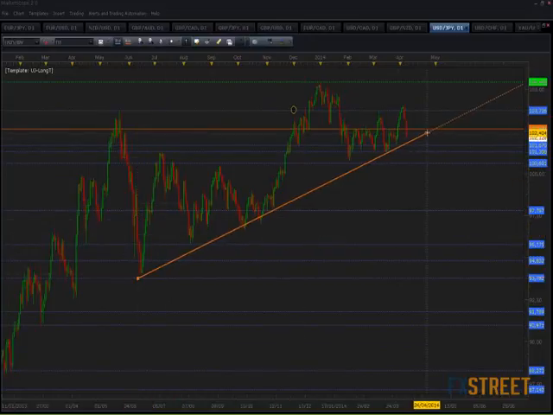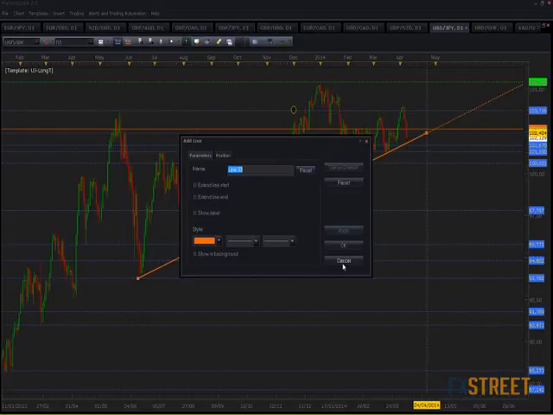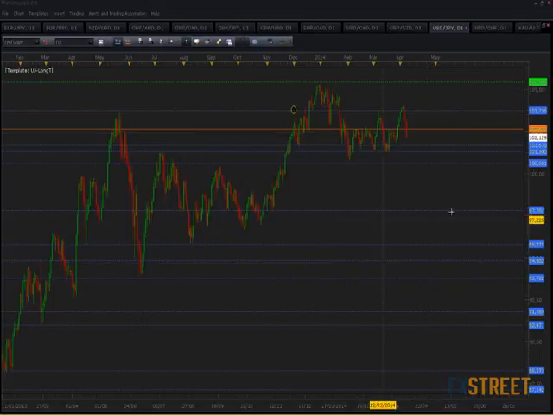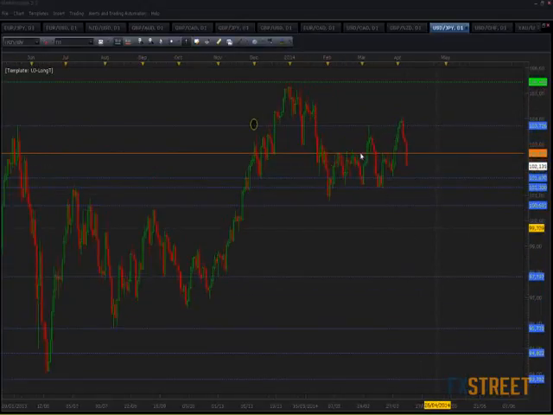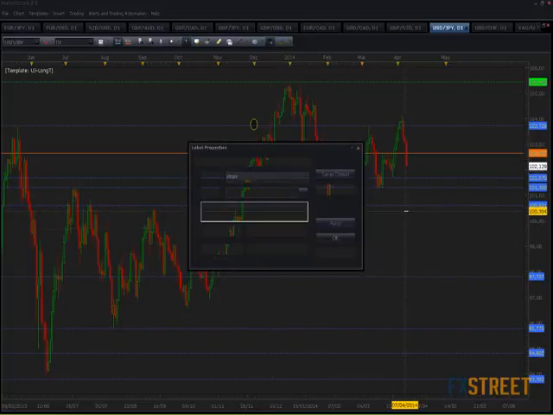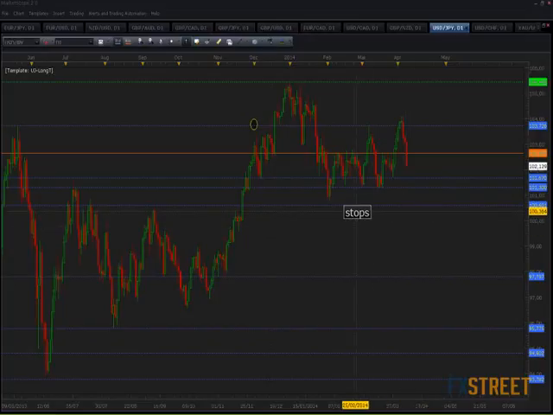Looks like it's going to break this soon, and that can trigger a lot of stops. I don't use trend lines, but I'm very aware of many people who use them. So it can trigger some stops. I think the majority of stops are below this low, mainly here. So that's a magnet for the price.